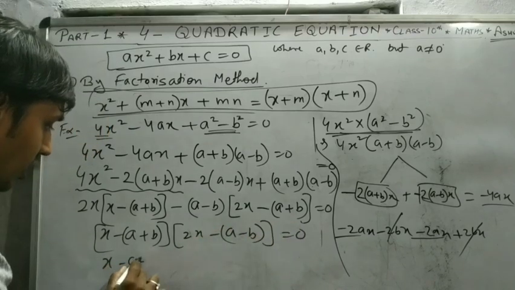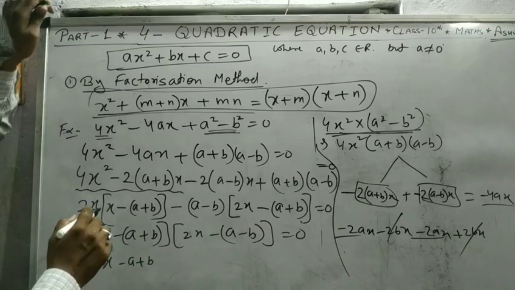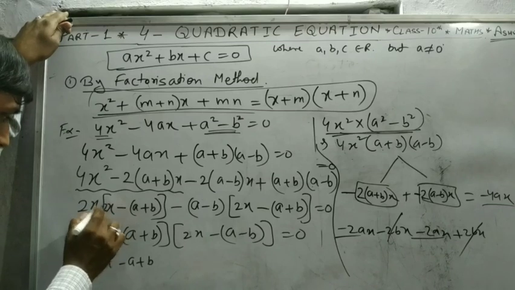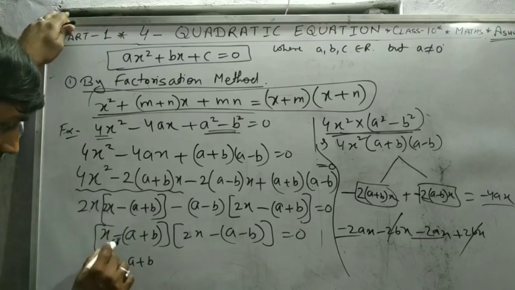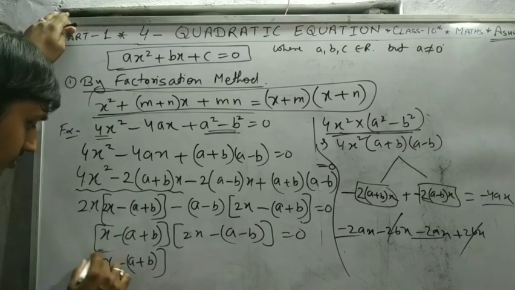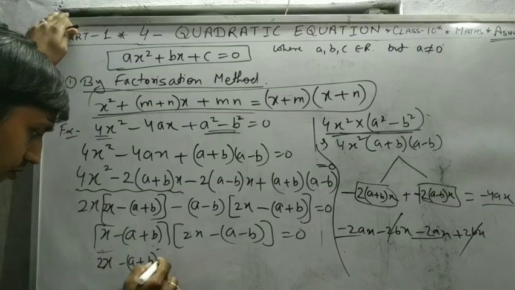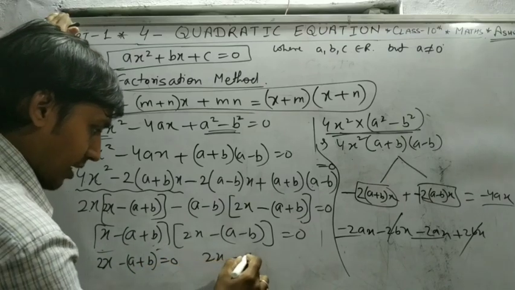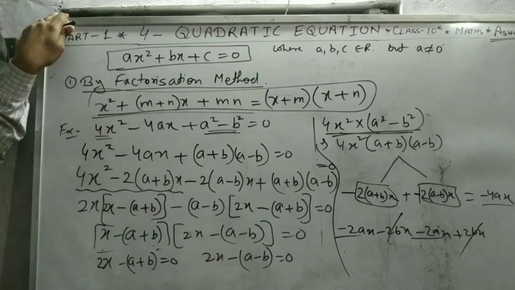x minus a plus b, here 2x remains, because from 4x taking 2x common, 2x remains. That means 2x minus a plus b is equal to 0, or 2x minus a minus b is equal to 0. Sorry for silly mistakes.